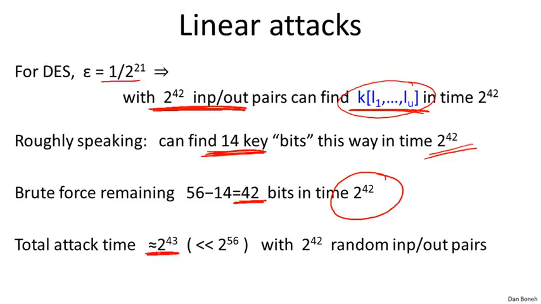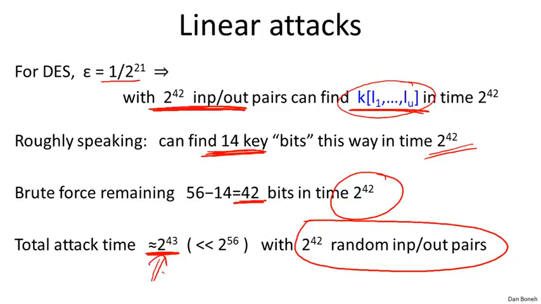Now this is much better than exhaustive search. Within 2^43 time, we broke DES, but of course this required 2^42 random input-output pairs, whereas exhaustive search only required 3 pairs. So this is a fairly large number of input-output pairs that are needed, but given such a large number, you can actually recover the key faster than exhaustive search.